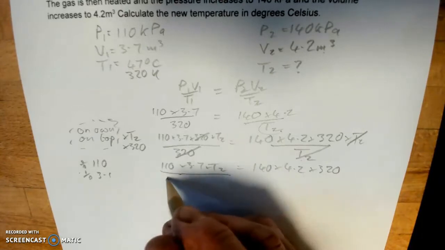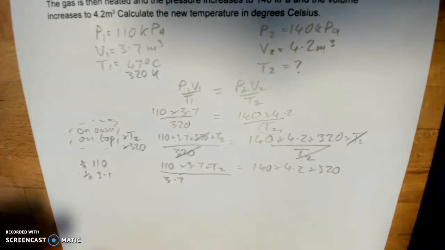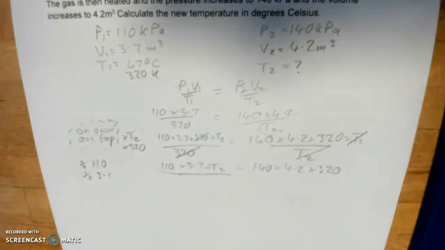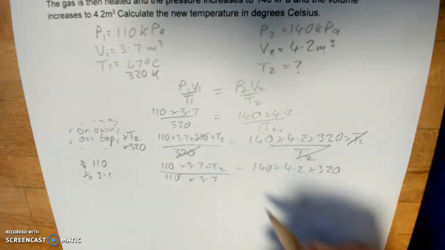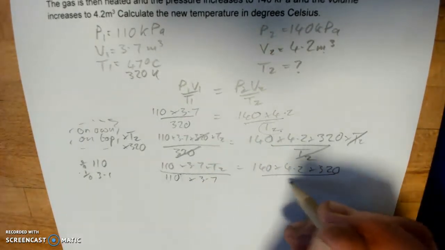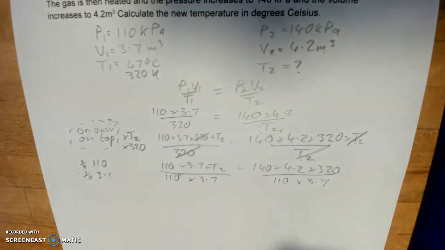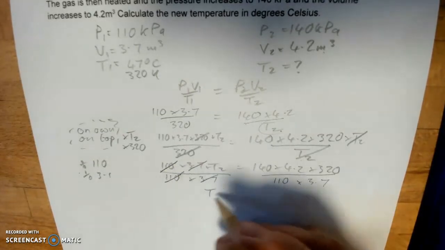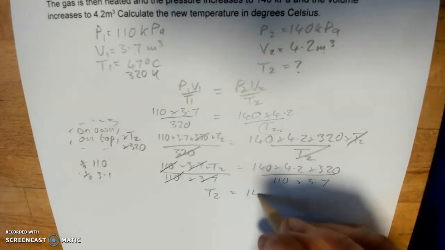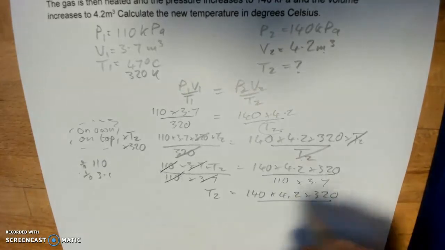So divided by 110, divided by 3.7, and over here divided by 110 and also by 3.7. Over on this side, the 110 cancels, the 3.7 cancels, and we're left with T2 is equal to 140 times 4.2 times 320 divided by 110 times 3.7.